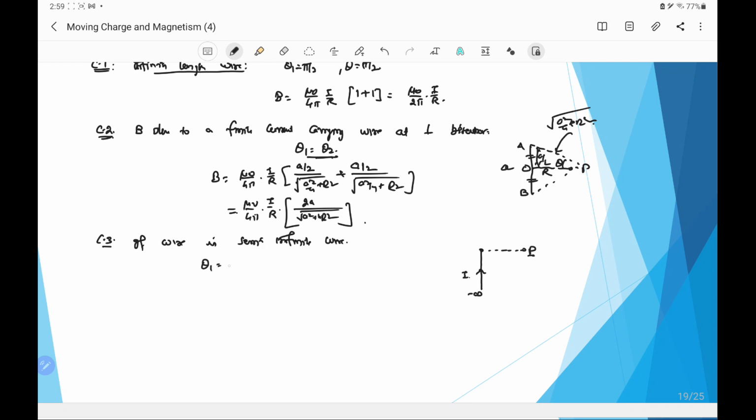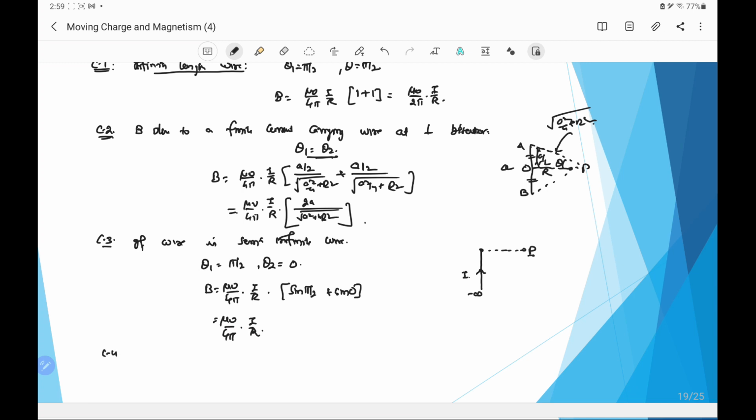Theta 1 equal to pi by 2 and theta 2 is equal to 0. So we can say that B equal to mu naught by 4 pi into I by r into sine pi by 2 plus sine 0, that is equal to mu naught by 4 pi into I by r.